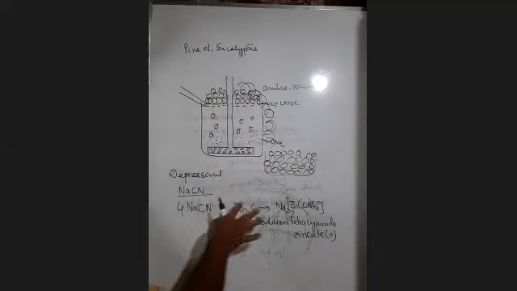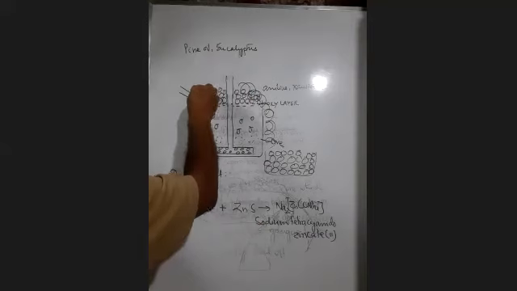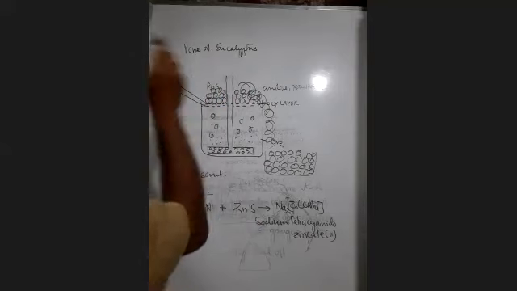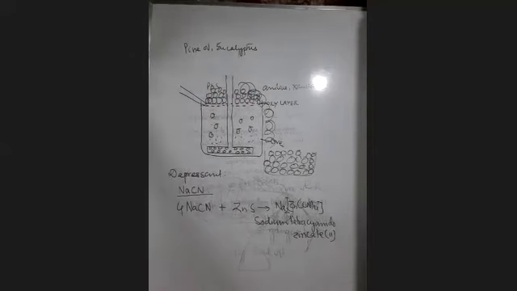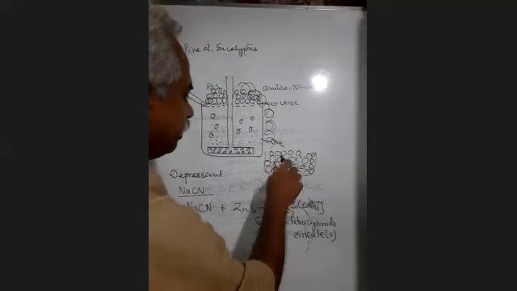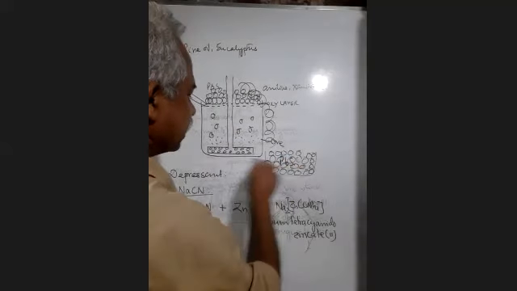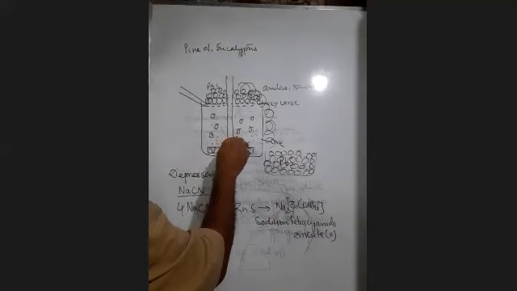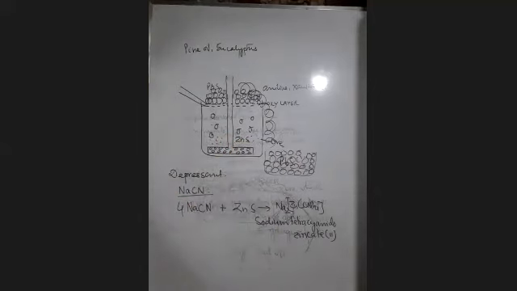So even if it goes up, it absorbs water and sinks down. Only the lead sulfide is going to form the foam. So lead sulfide will be here, and zinc sulfide, now in the new form, is going to be present here.